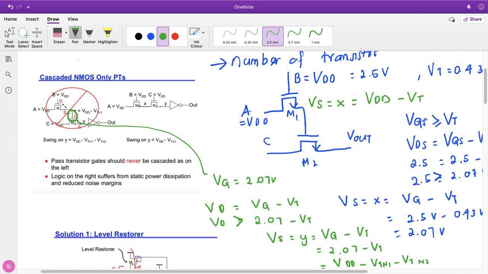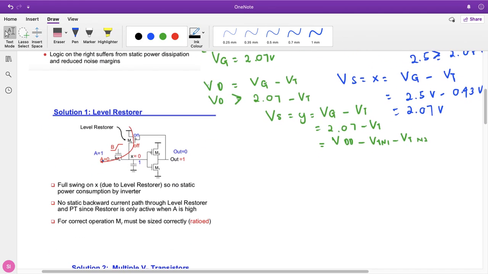So for this example, whenever VDD, we check for this gate. X will be written as VDD minus VTN, and then Y is equal to VDD minus 2 VTN. The best cascading method is using this method. However, it suffers from static power dissipation and reduced noise margin.